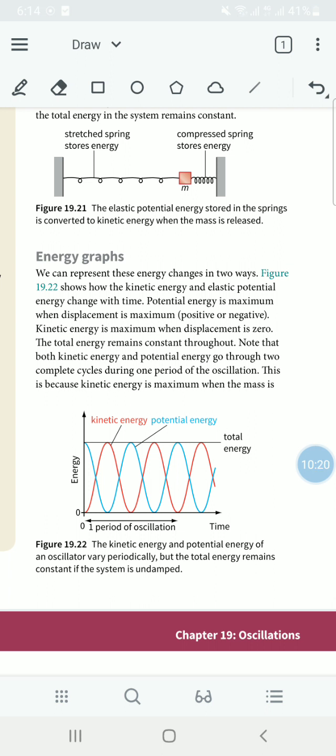The first graph shows how kinetic energy and elastic potential energy change with time. Total energy remains constant throughout.